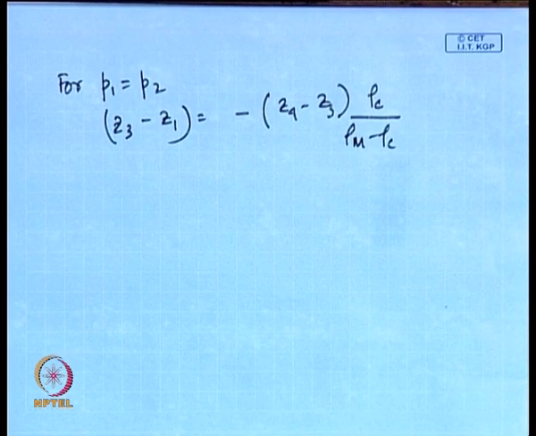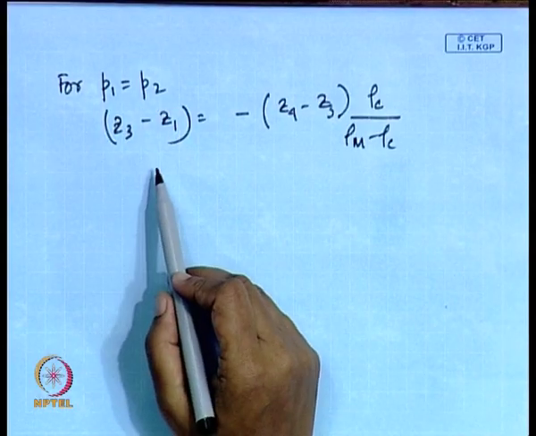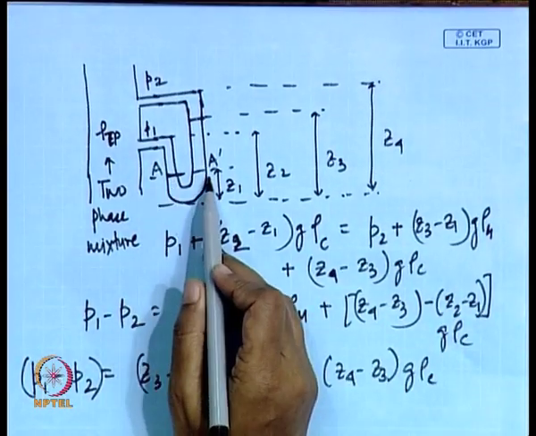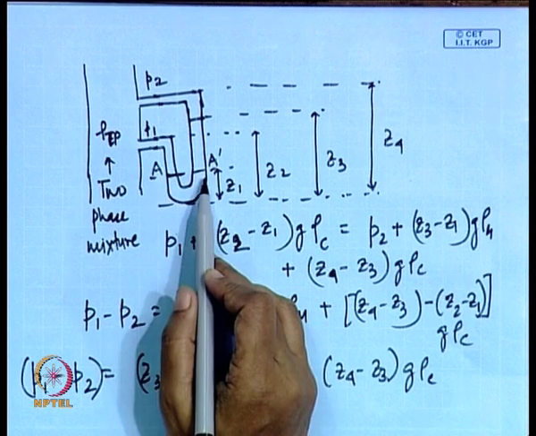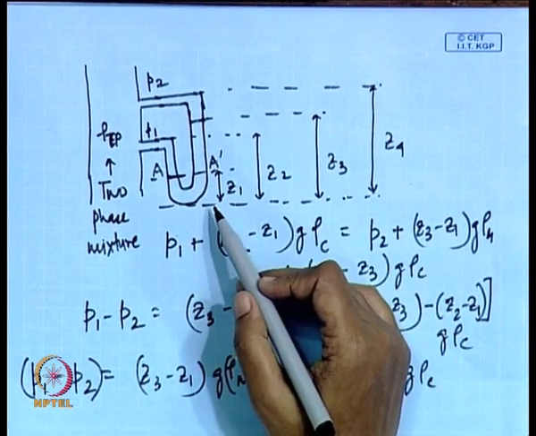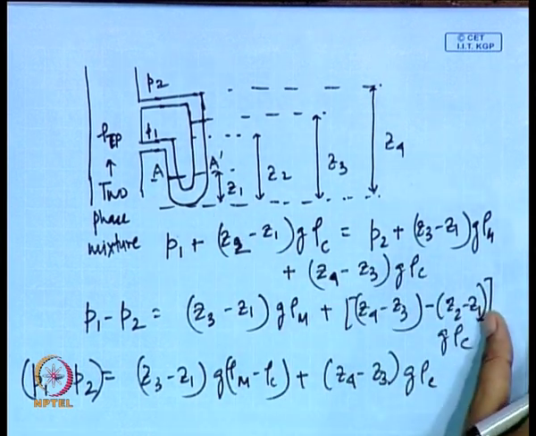Okay. So, what do we find from here? If P1 equals P2, normally what should have happened is that both the manometer levels should have been the same, or in other words Z3 should have been equal to Z1. That you have observed when you have measured the pressure drop for water flowing through pipes.